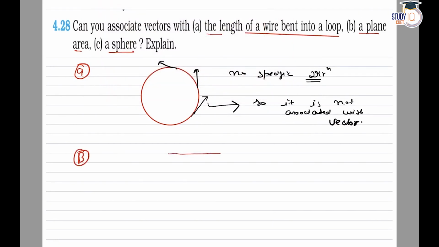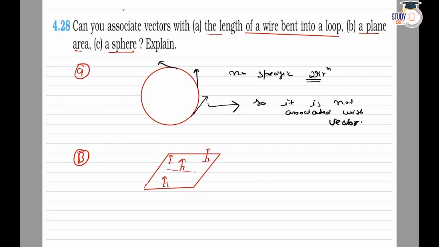So for area, each and every element of the area has the same direction. In the case of area, the direction is perpendicular to the surface. So we can say that each and every small element, or each point of this particular area, points in the same direction.